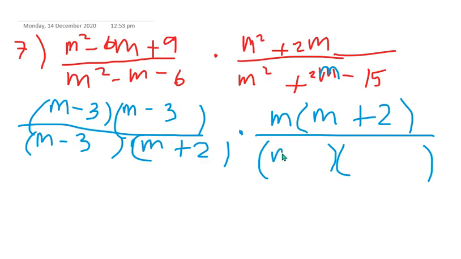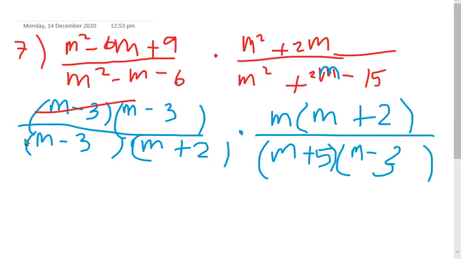Okay, so m plus, then m minus. Why? Because this is a negative. So negative 2 and then positive, or rather negative 3 and positive 5. Why? Because negative 3 times 5 is negative 15. 5 minus 3 is equal to 2. And now we are going to cancel. This is equal to 1.